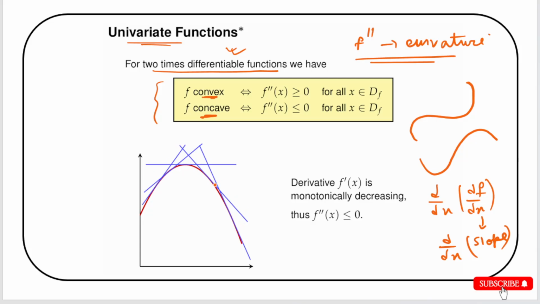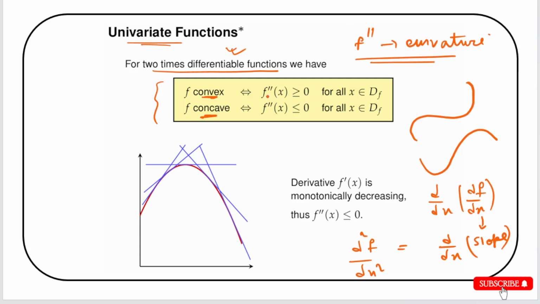This change in the slope will be measured by the second derivative. This expression is nothing but d/dx of df/dx, which you also write as d2f/dx2. So this is nothing but d/dx of the slope. You are basically saying how the slope changes in terms of curvature, which is given by the second derivative.